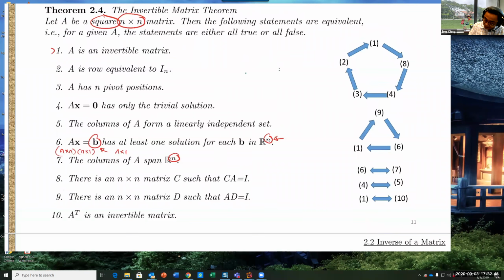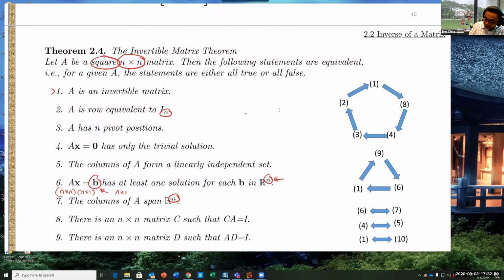Here, A is row equivalent to In. What does it mean? It basically means that if you have a matrix A and you start to row reduce it, we form a pivot and we form some values, then we have zeros here, and you keep on doing this.